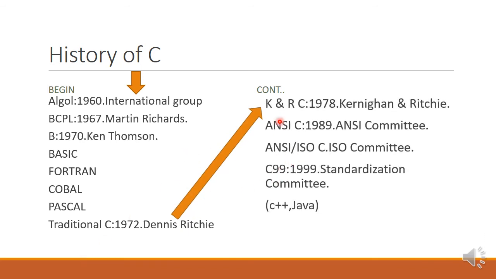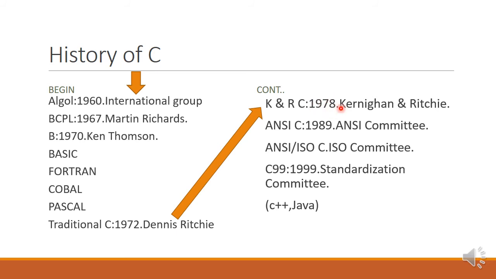Next, in 1978: C was invented in 1972, but after that it was not so popular, though actually it is a very good language. But when Kernighan wrote a book in 1978, C became very famous.